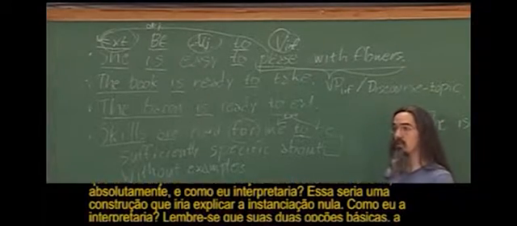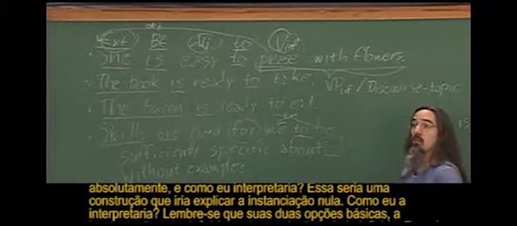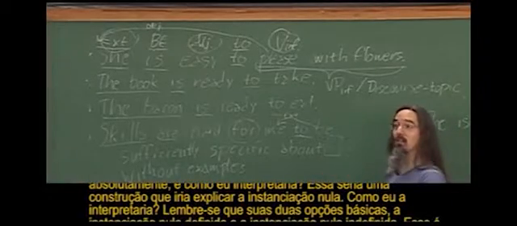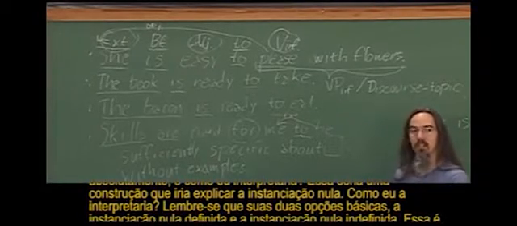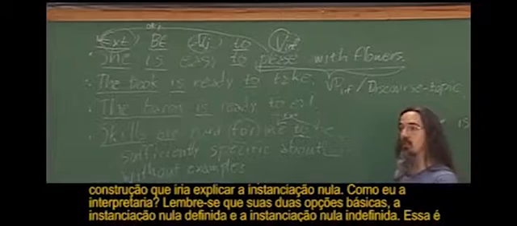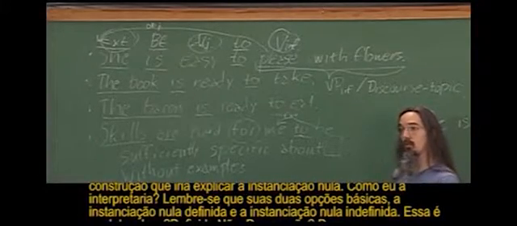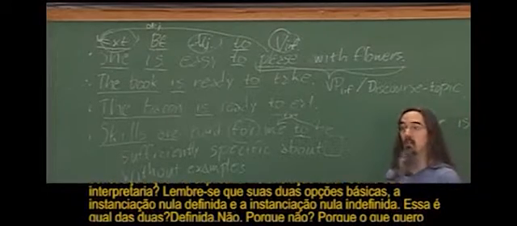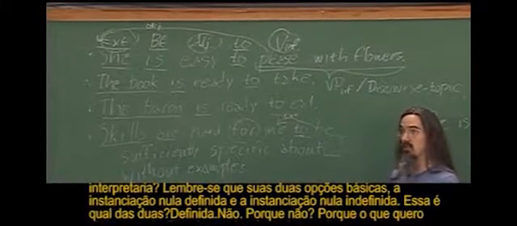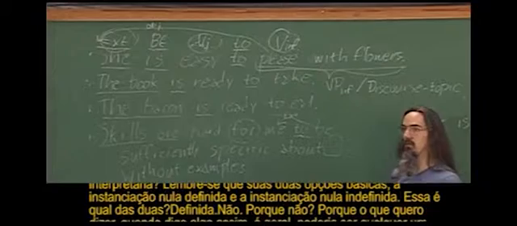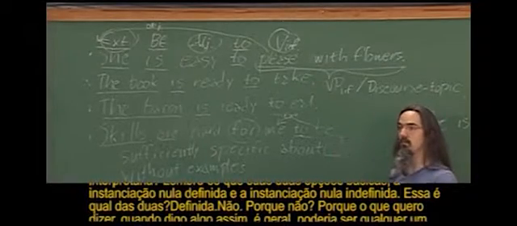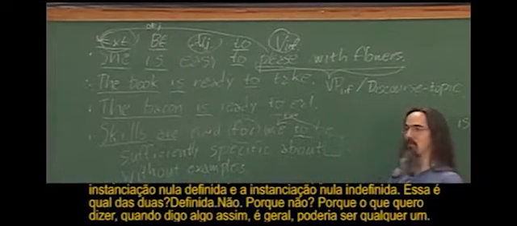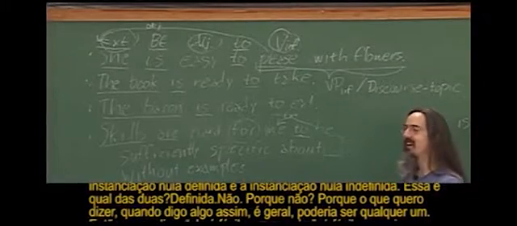Absolutely, absolutely. And how would I interpret this? This is the construction that's going to explain that null instantiation. So how would I interpret it? Remember, your two basic options are indefinite null instantiation and definite null instantiation. So which one is this? Definite. No. Why no?